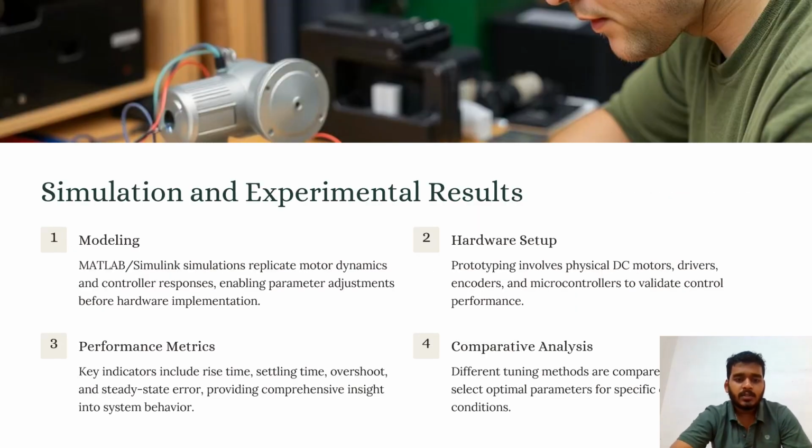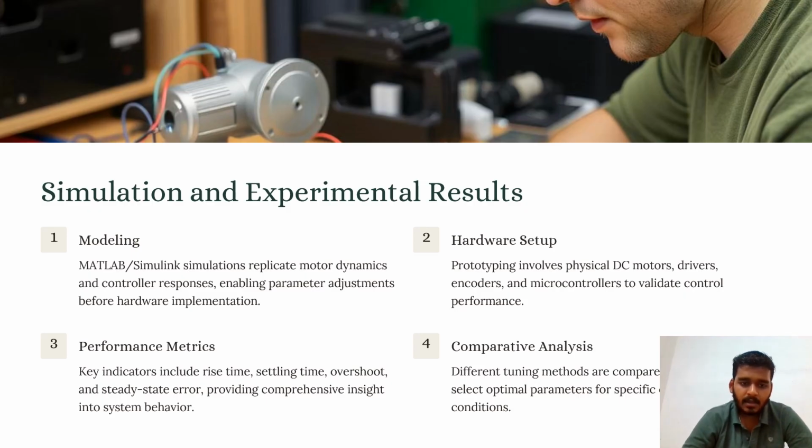Now simulation and experimental results. Modeling: MATLAB simulation replicates motor dynamics and controller response, enabling parameter adjustments before hardware implementation. Second one is hardware setup. Prototyping involves a physical DC motor, drives, encoders, and motor controllers to validate control performance.